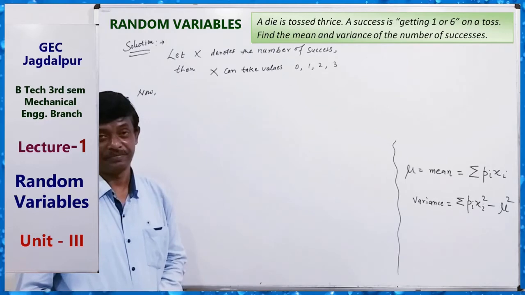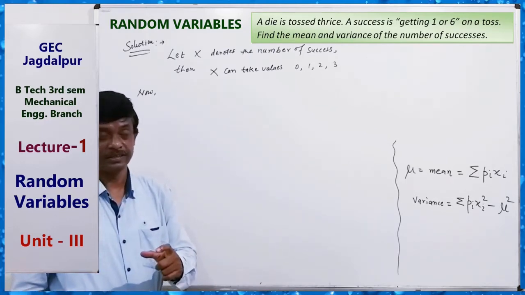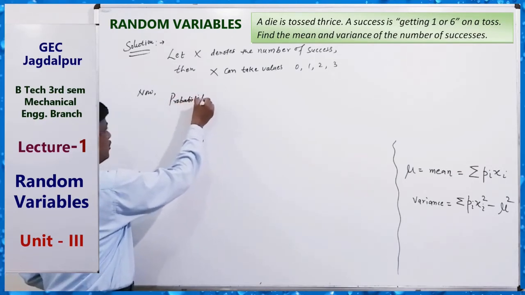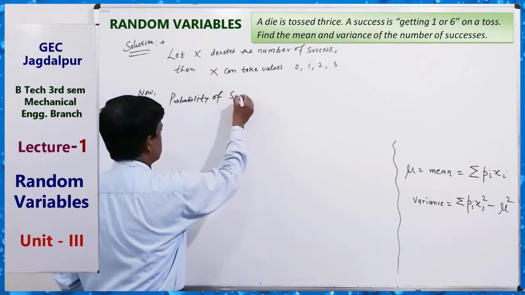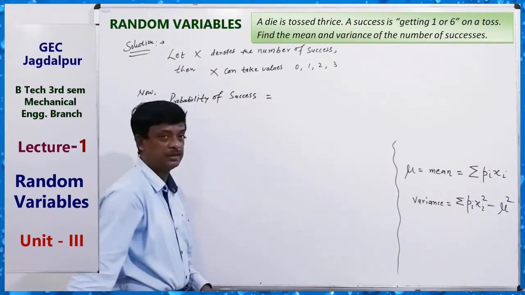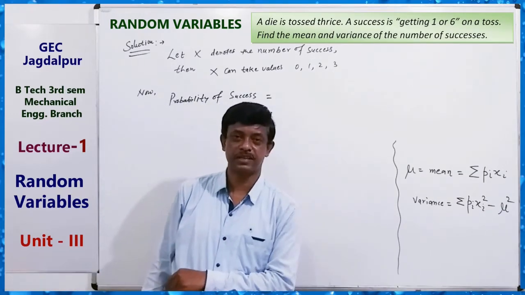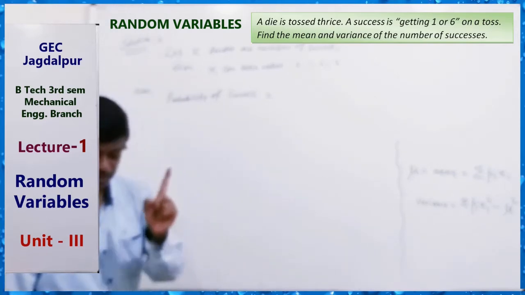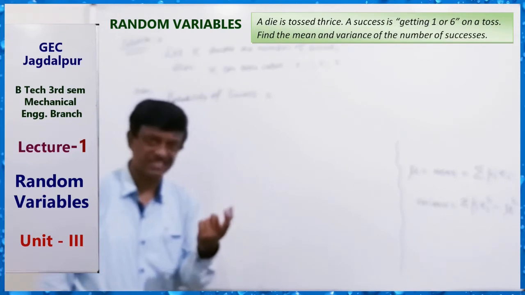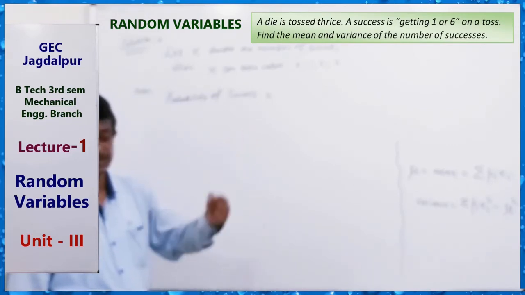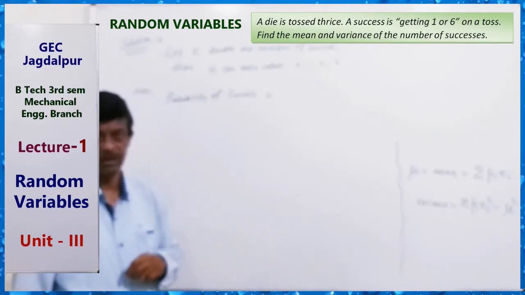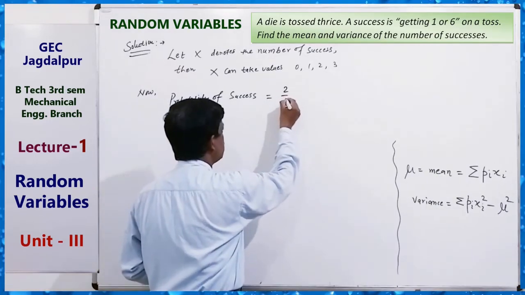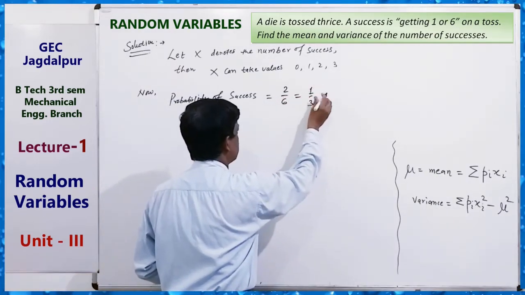For finding probability, what does getting success mean? Probability of success: there are 1, 2, 3, 4, 5, 6 faces in a die. On tossing one time, getting 1 or 6 means there are 2 possible outcomes out of a total of 6. So the probability of success is 2 by 6, which equals 1 by 3.